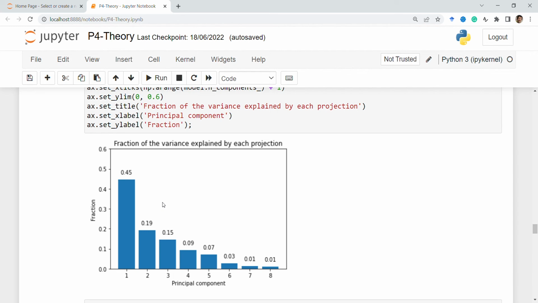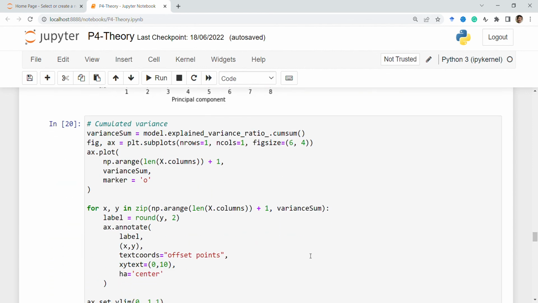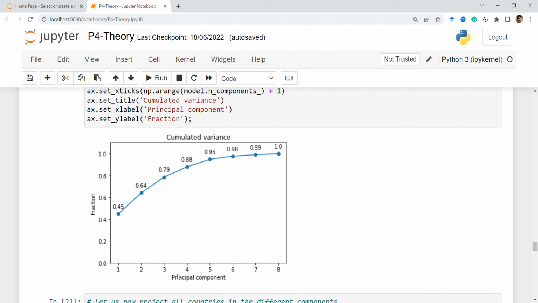Components with very low variance, like 7 and 8, are typically just related to noise, so we shouldn't trust them too much. Instead of the fraction of each component, we can look at the cumulated variance. This is the cumulated variance with only the first, this is first and second, this is first, second and third, and so on.